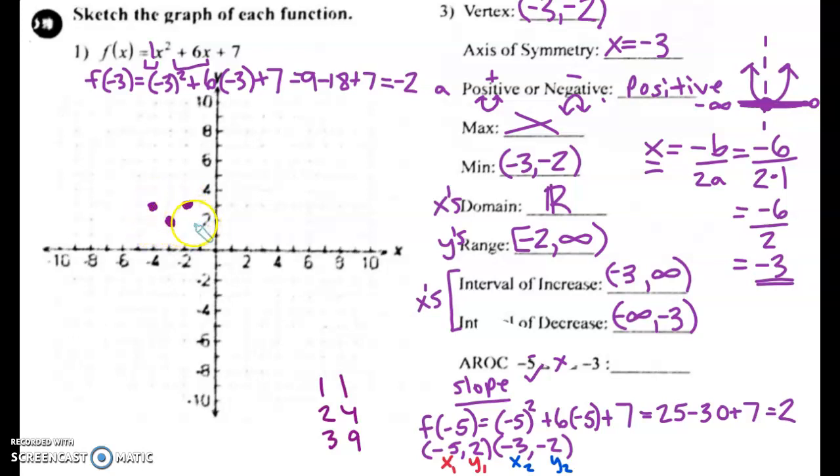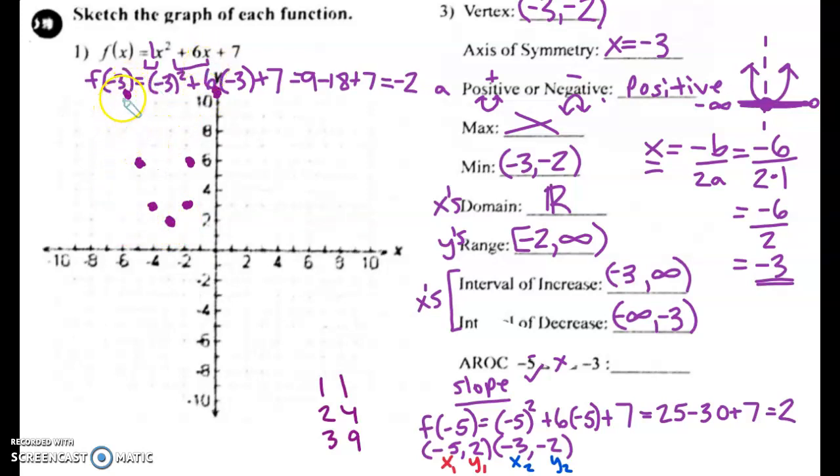And then over 2, up 1, 2, 3, 4. And then back to the vertex, over 2, up 4. And then over 3, up 9, so way up there. And then the same on the other side, over 3, up 9.